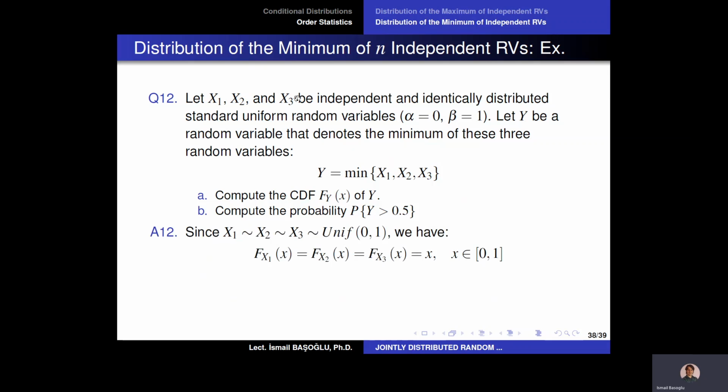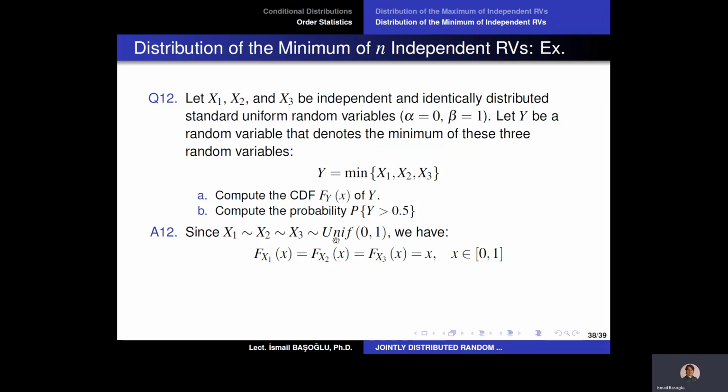For each of these random variables, it is simply equal to the identity function within the unit interval, because we know that the cumulative distribution function for uniform random variables is equal to x minus alpha divided by beta minus alpha. But if you plug in the specific parameter values 0 and 1, you would get the identity function x for all these three cumulative distribution functions, because these random variables are identical. They follow the same distribution. They are both standard uniform.